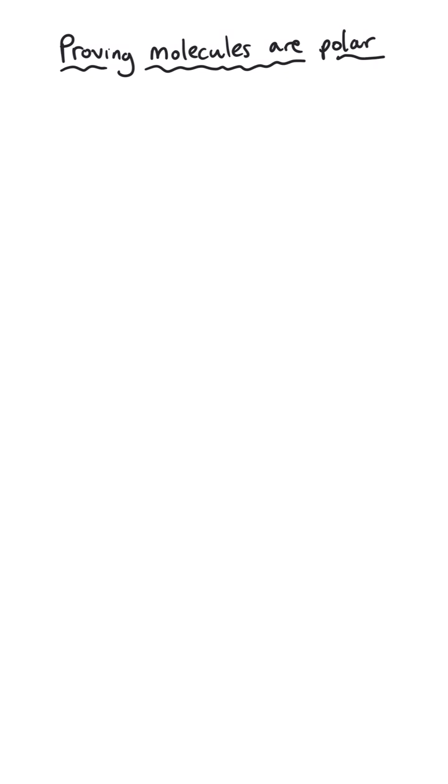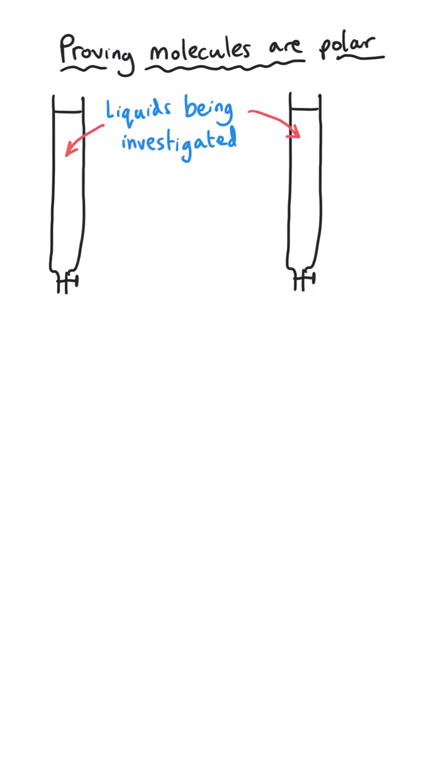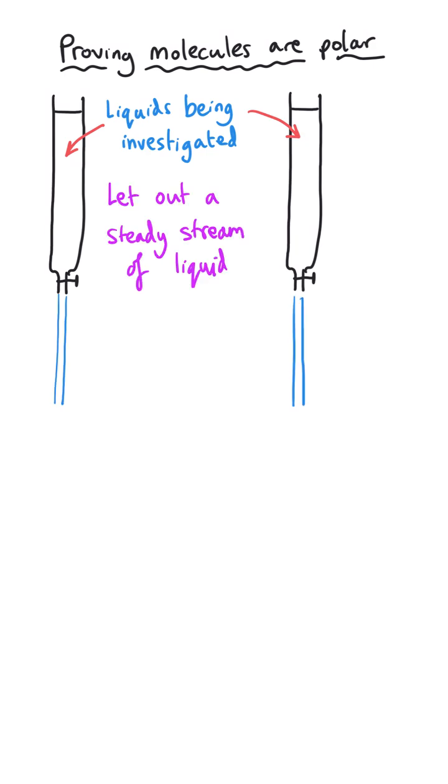And in this experiment, what you will do is set up maybe a burette containing the substance that you want to investigate, and you let that liquid out through the tap with a steady stream flowing.